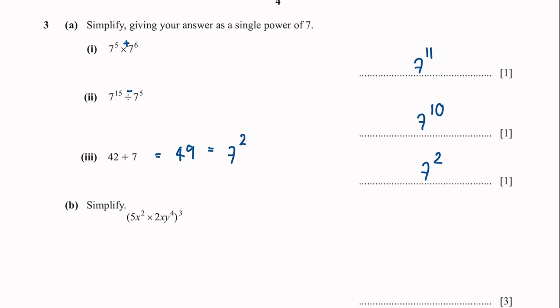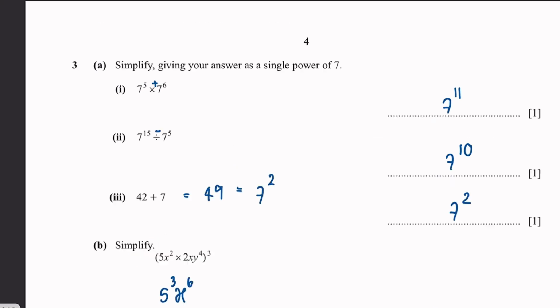Simplify this. Therefore, this is equal to 5 cubed multiply x power 6. 6 comes from 2 multiply 3.